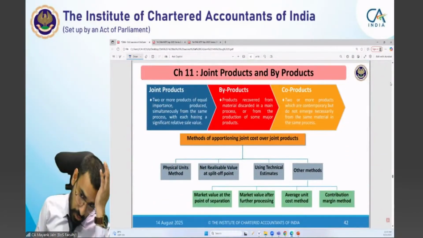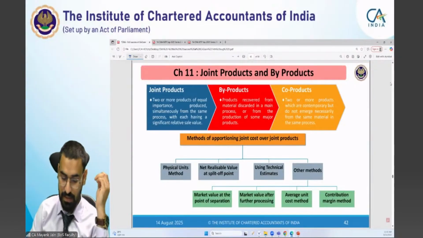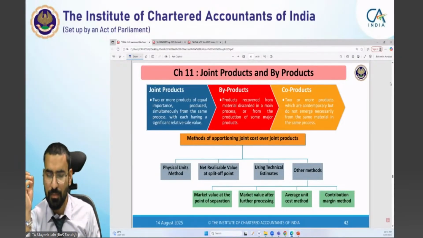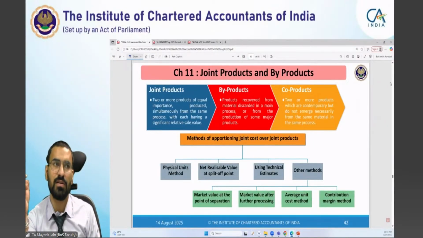Next is joint product and the byproduct. There is a difference between the joint product and the byproduct. Byproduct is basically the wastage part, or the dead part of the joint process, which can't be sold alone, or sometimes it may be sold alone only as a scrap.